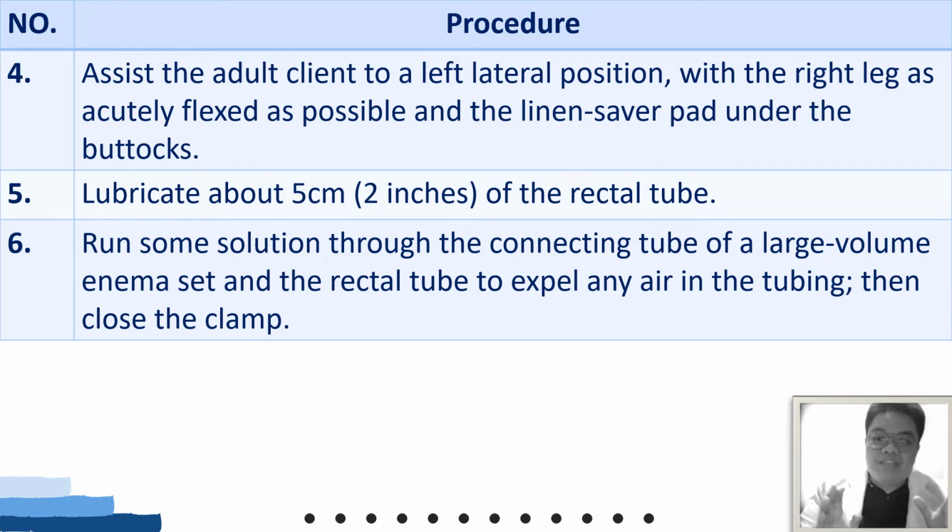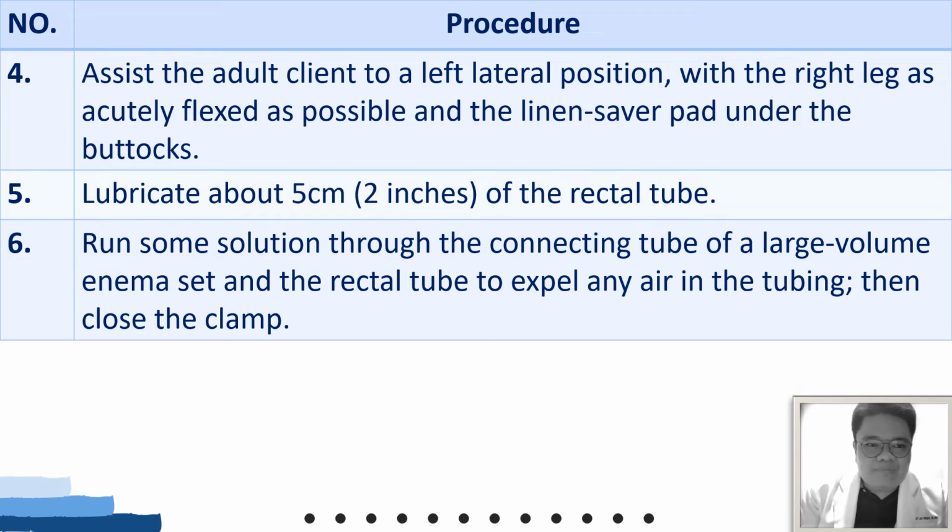When I say priming the tube, it means that the fluid would first flow through the tube before you insert it to your patient. Before you would be inserting the tube to your patient, the tube should already be primed or filled with the fluid. Then you need to close the clamp.